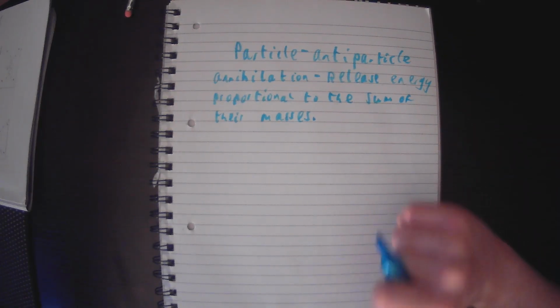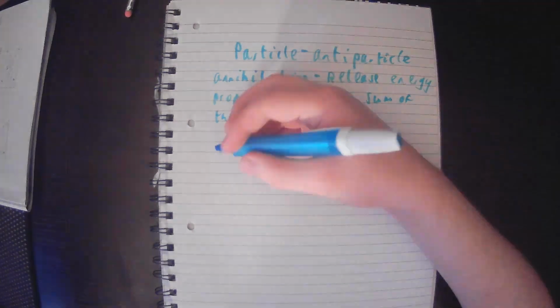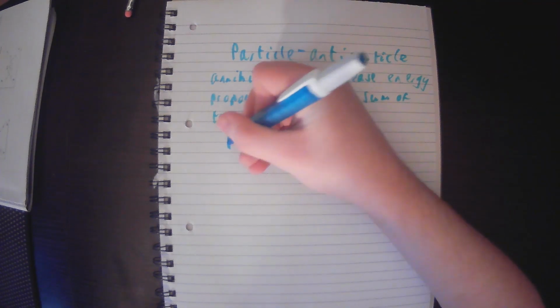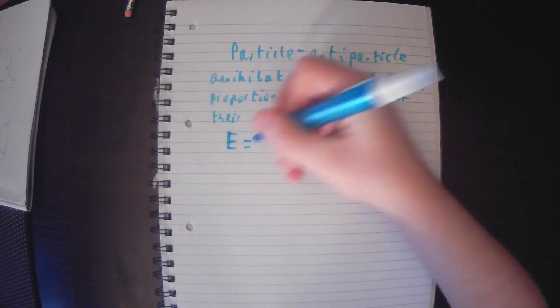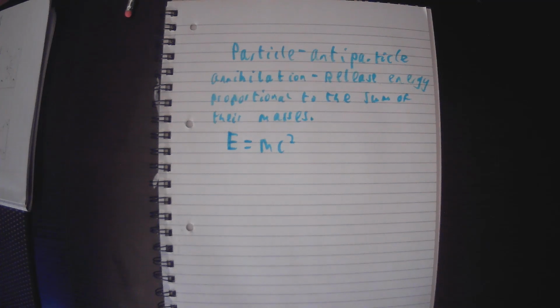And we'll talk about the proportionality as well. It's an equation that you'll probably be familiar with. It is E, the energy released, equals mc squared. You've probably seen that equation before. I'd be surprised if you haven't.